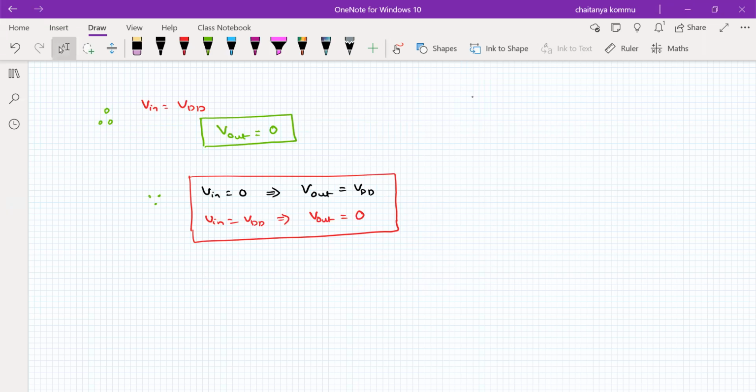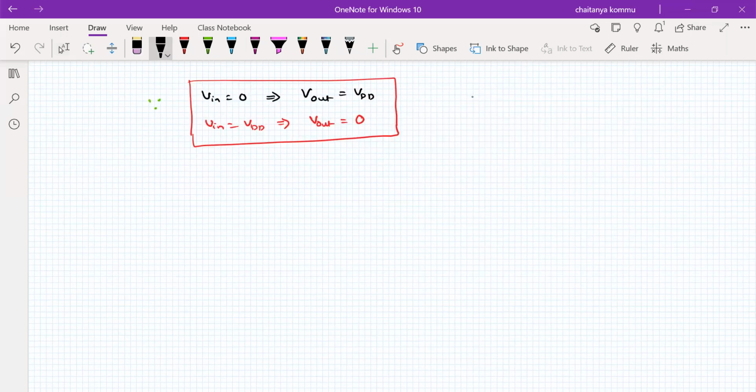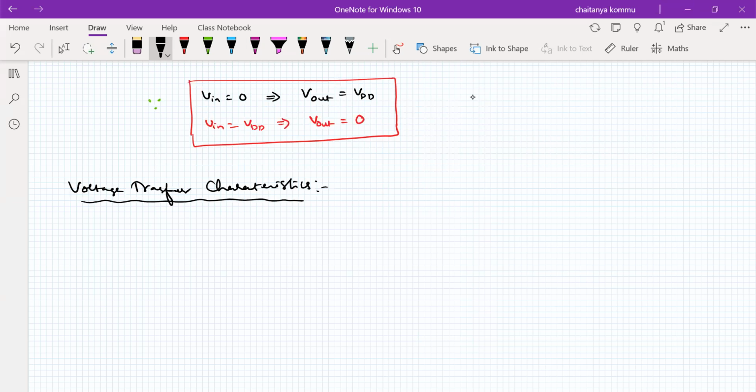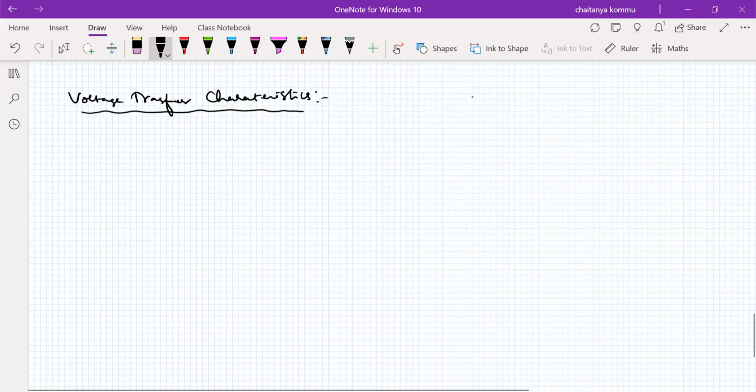So let us depict this information in the voltage transfer characteristics. What is the voltage transfer characteristics?